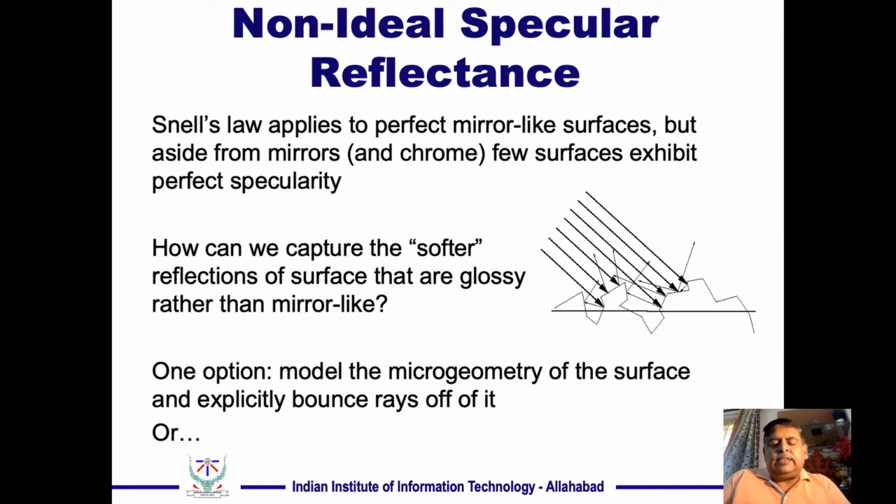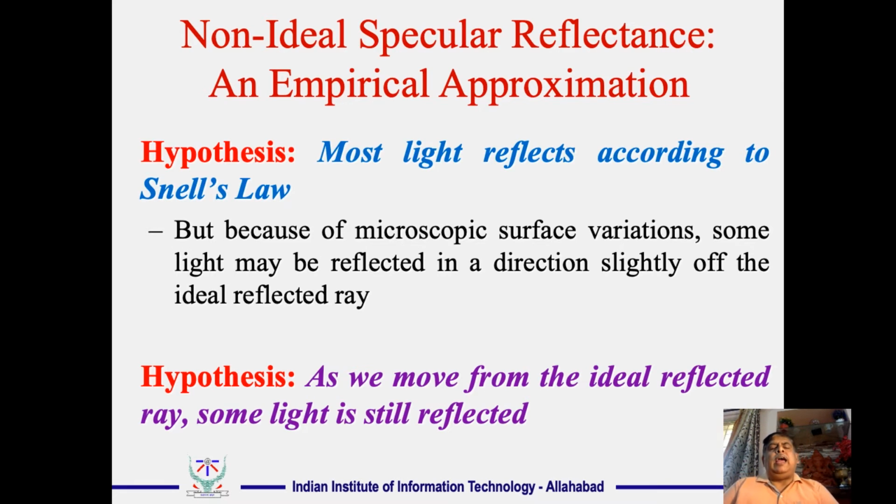Or take a simple approximation and say that it has a favored direction, but it is spreading around that favored direction. So: non-ideal specular reflectance and empirical approximation.